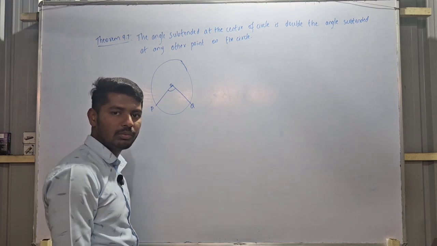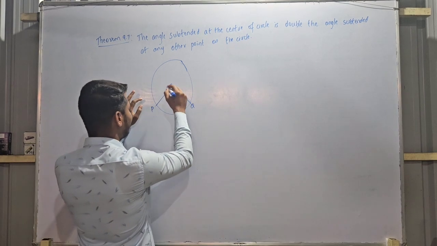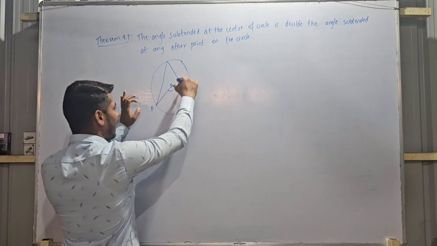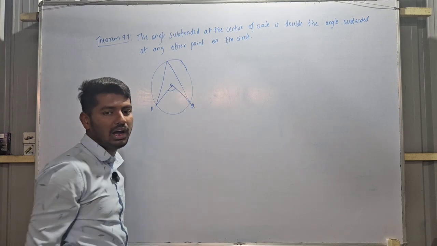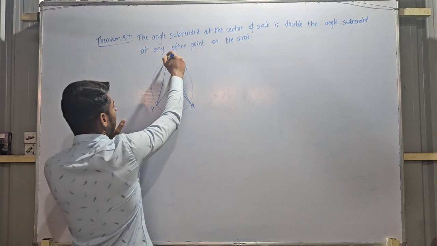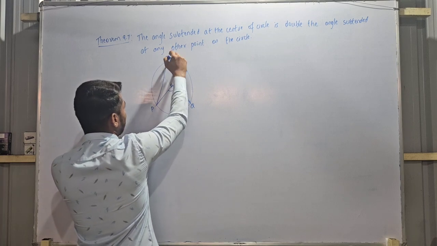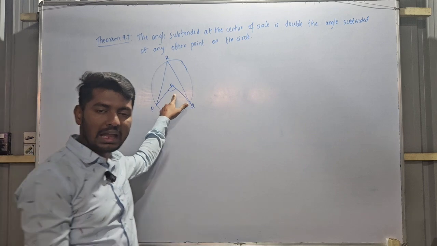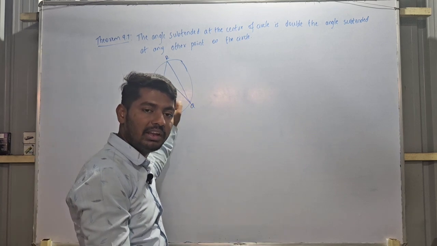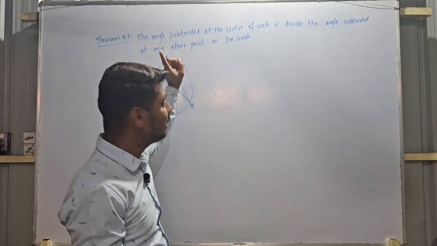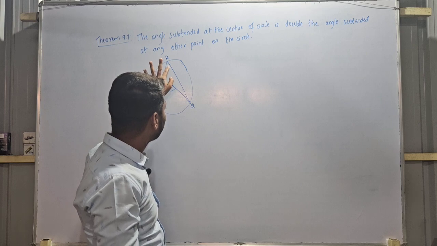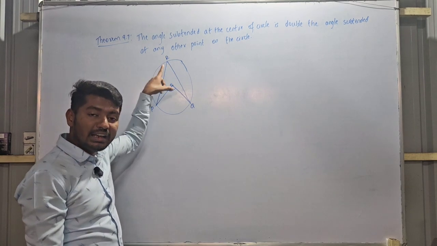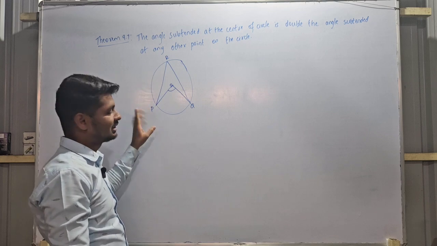This angle will be double the angle subtended at any other point by the arc. Here we will take PR. Whatever the angle subtended at the center will be double the angle subtended at any other point on the circle.